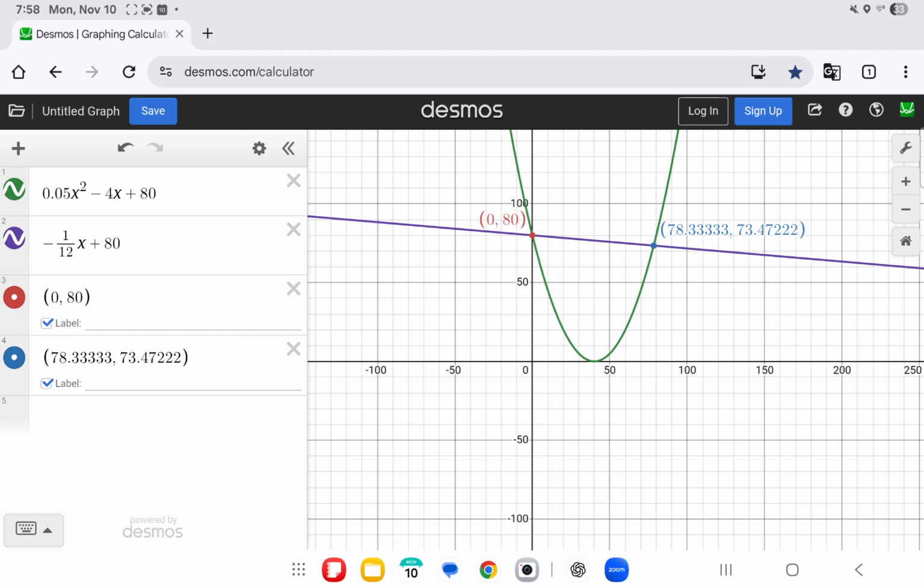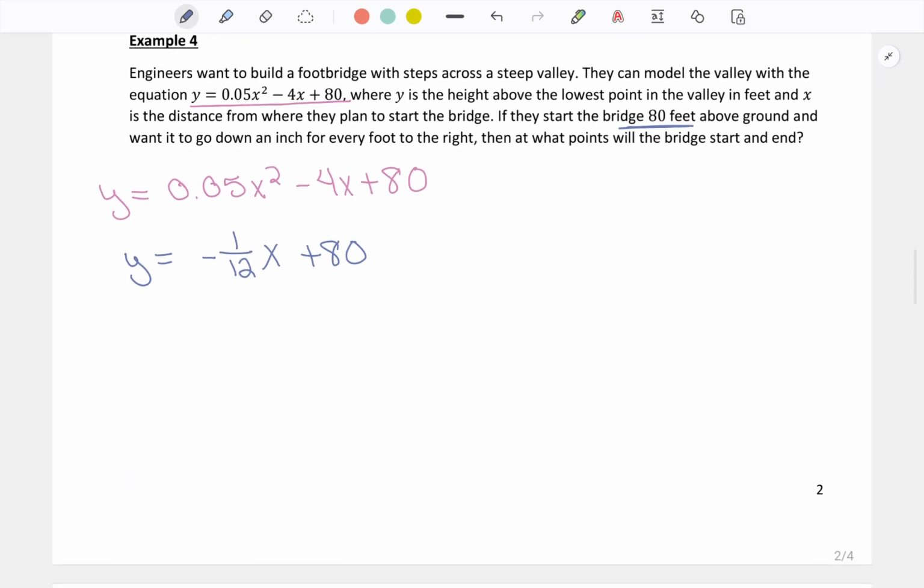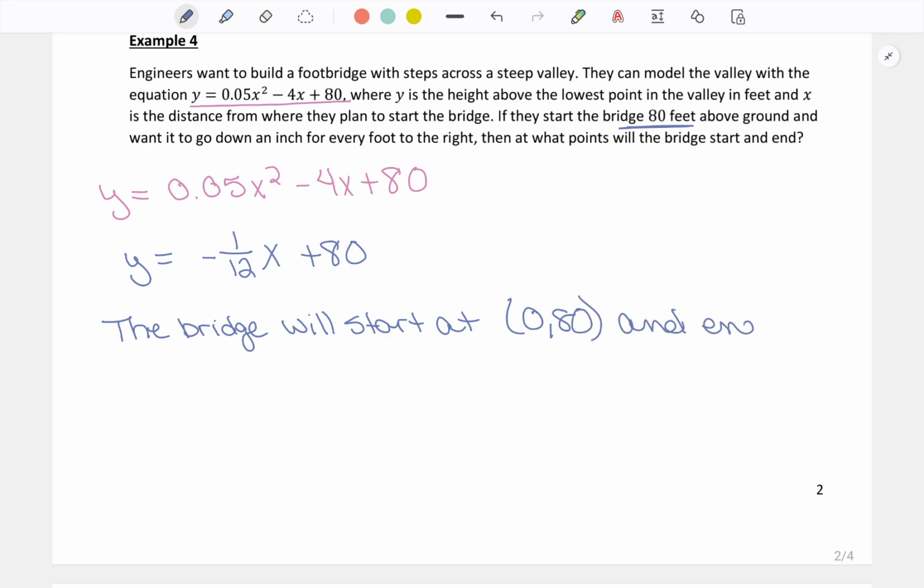So the bridge will start at (0, 80) and end at (78.3, 73.5).